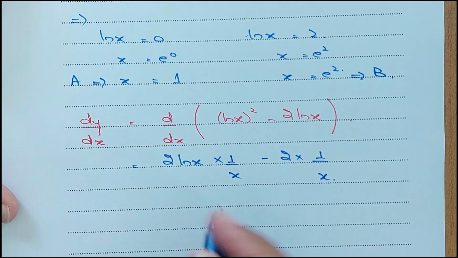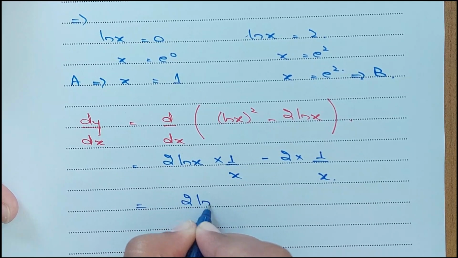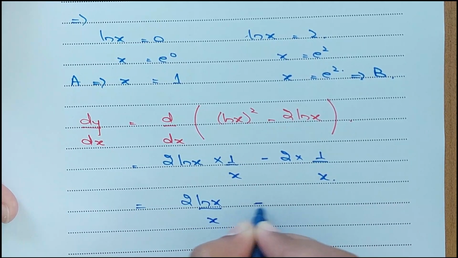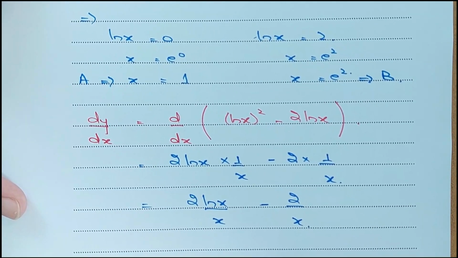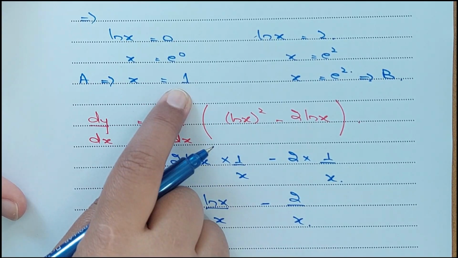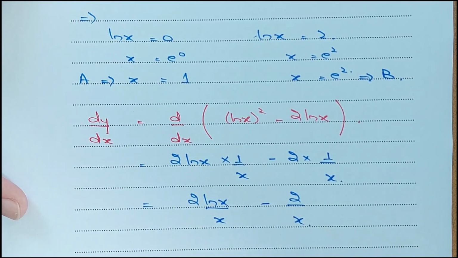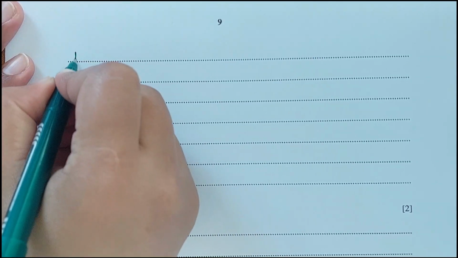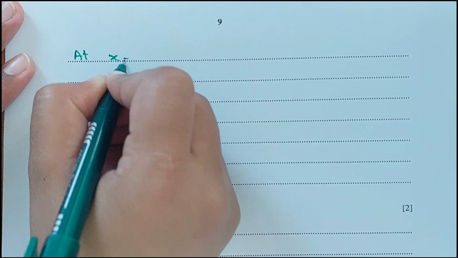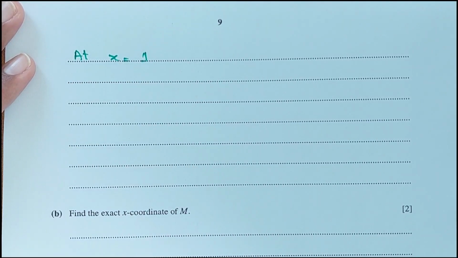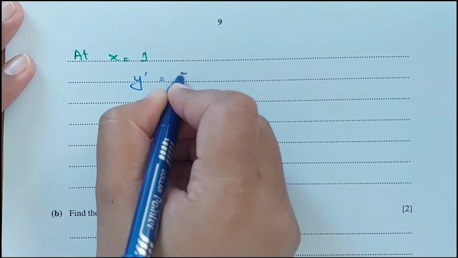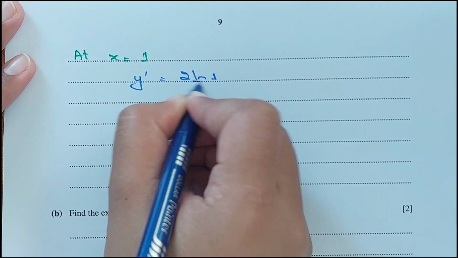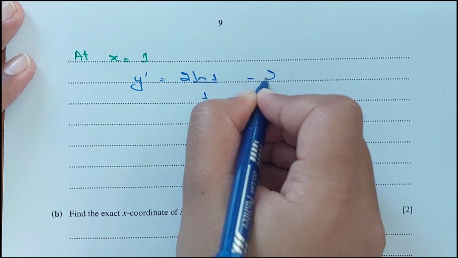So this is 2 ln x over x minus 2 over x. This is the gradient at points A and B. Now let me substitute x equals 1 and x equals e power 2. At x equals 1, y prime is 2 ln 1 over 1 minus 2 over 1.